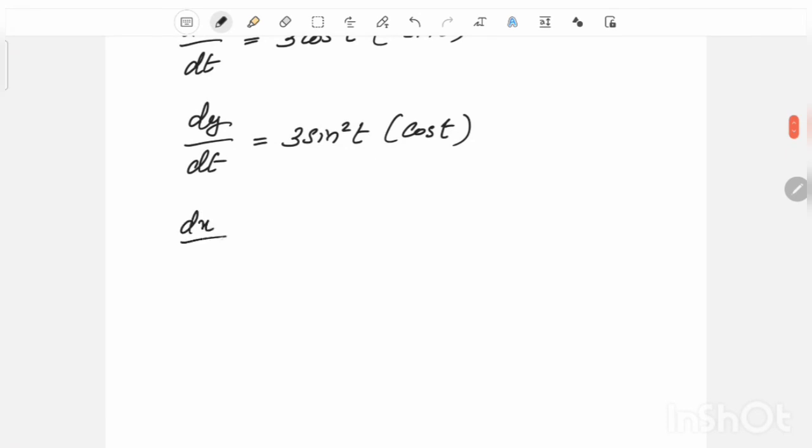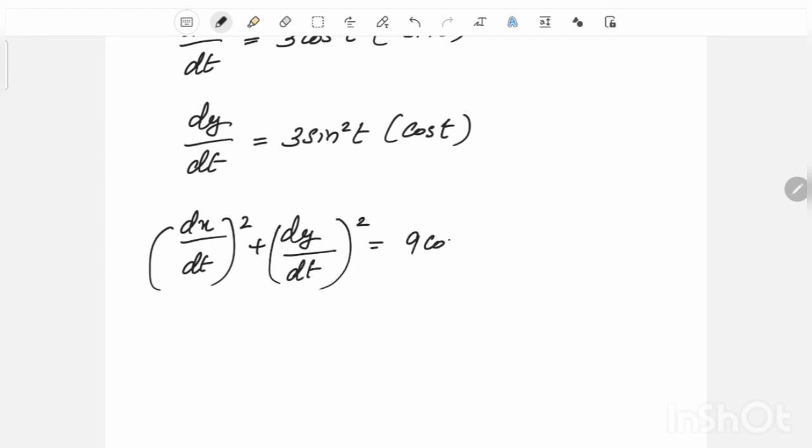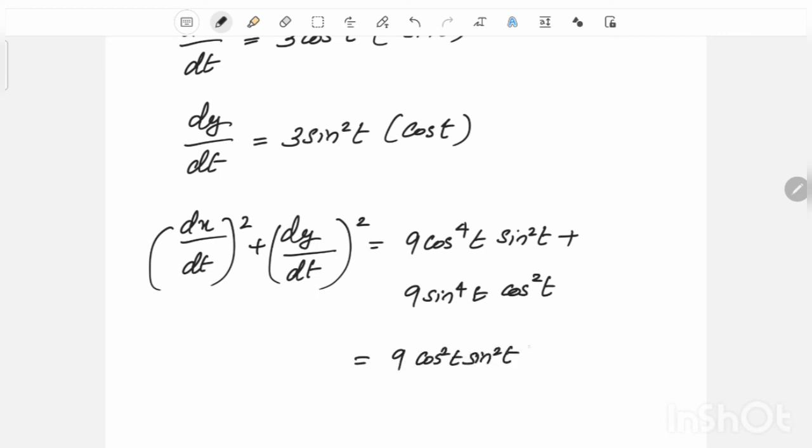Therefore (dx by dt) the whole square plus (dy by dt) the whole square is equal to 9 cos raised to 4 t sin square t plus 9 sin raised to 4 t cos square t, and sin square t, cos square t and 9 are common to both the terms. So we have 9 cos square t sin square t times (cos square t plus sin square t), and this quantity is 1. Therefore this becomes 9 cos square t sin square t.